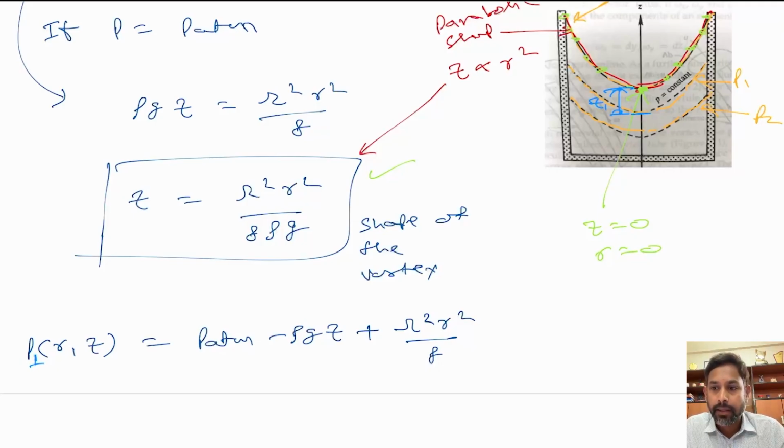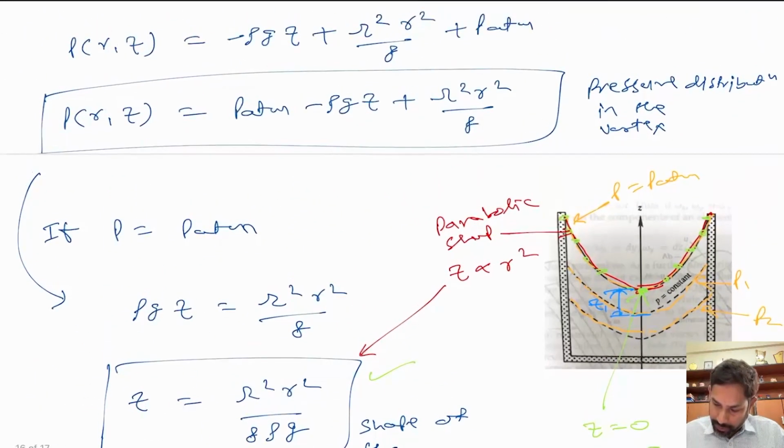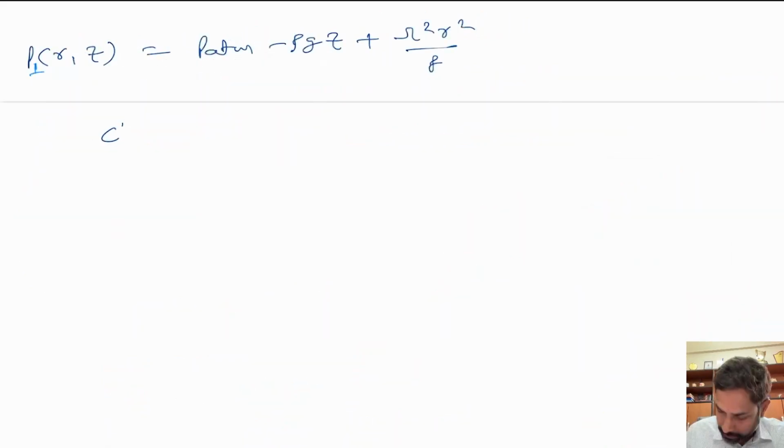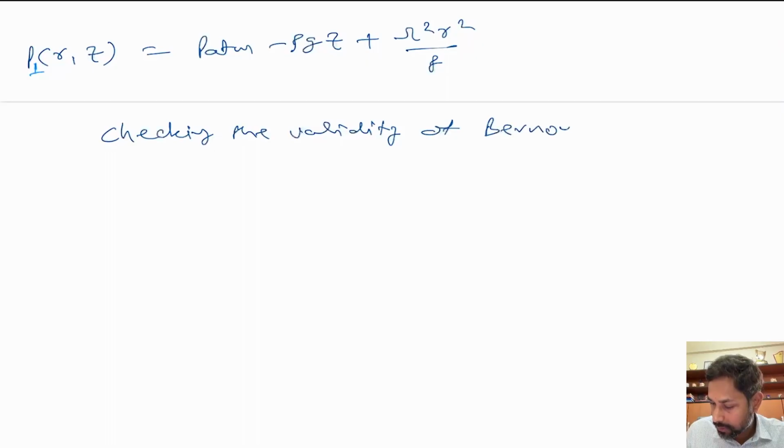And from this equation, we can also now check whether the Bernoulli equation is satisfied or not. So the equation we have is this. Checking the validity of the Bernoulli equation.